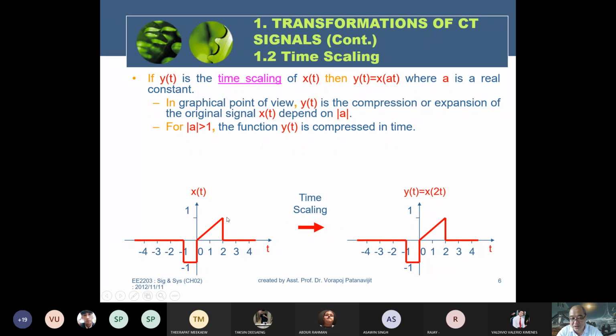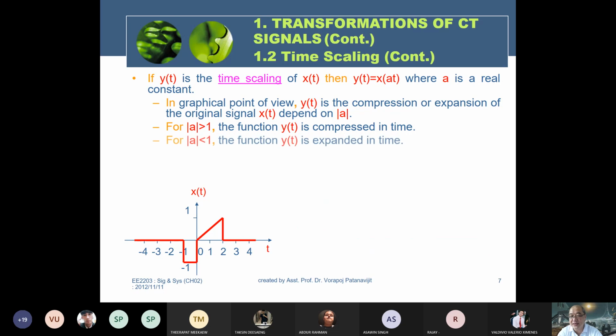You can see that the peak of the signal, instead of being reached at time equal to 2, is reached at time equal to 1. It is scaled by half. Every point is compressed by 2 times.